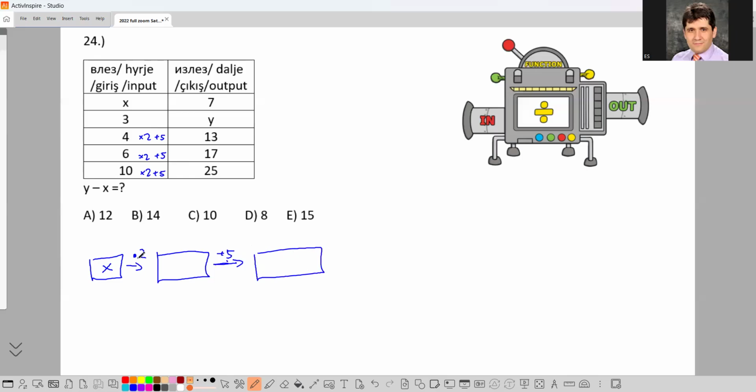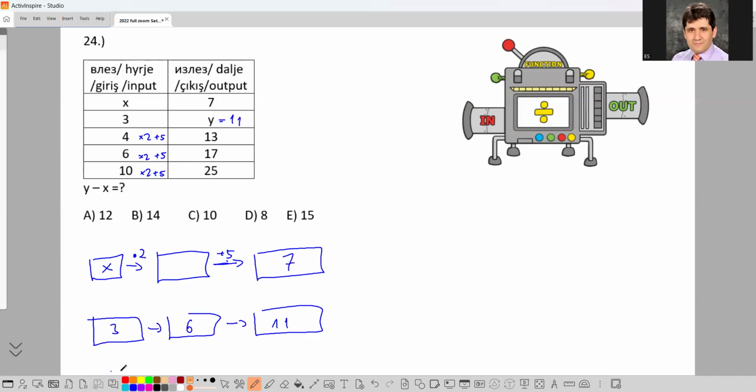So the input times 2 plus 5, that would be the output. Well, in our case, for the first one and the second one, we get an input 3 times 2, that's 6, and add 5, that's 11. So y is 11.